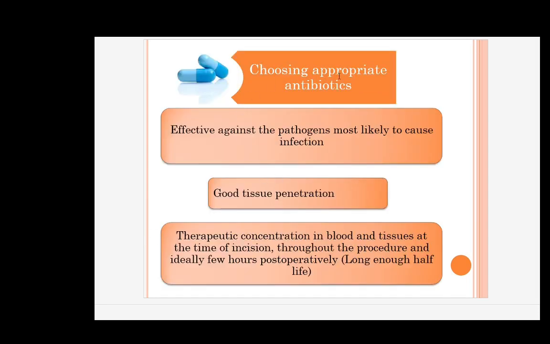Now, how do we choose an appropriate antibiotic to use as a prophylactic agent? We need to see which antibiotic is effective against the pathogens most likely to cause the infection. For example, when we are doing a superficial operation in the skin, the most likely pathogens that come into the wound are those from the skin.